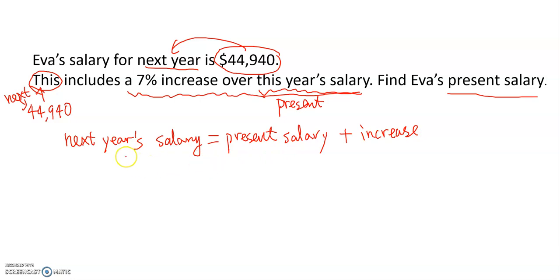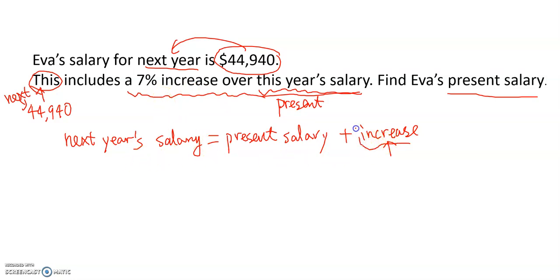So intuitively, if you want to find the present salary, we just need to find the increase and subtract it from next year's salary. But unfortunately, it doesn't work because I don't know how much increase we got. We only know it's 7%, but 7% is not exactly the dollar amount.